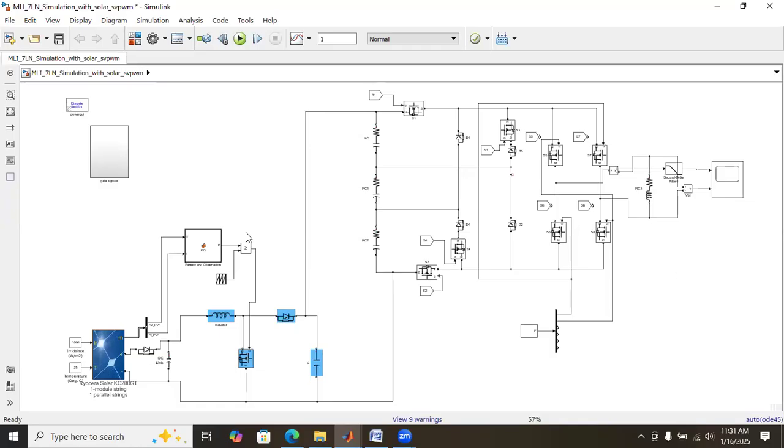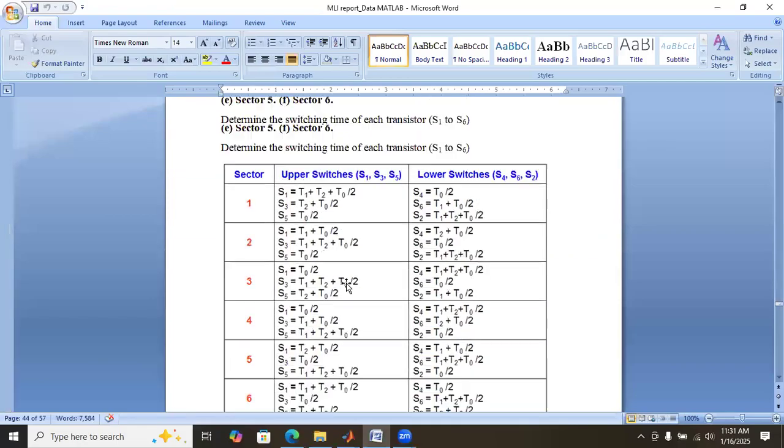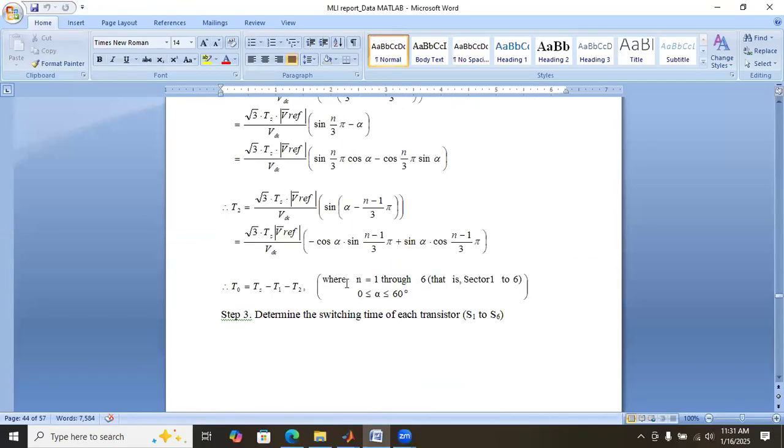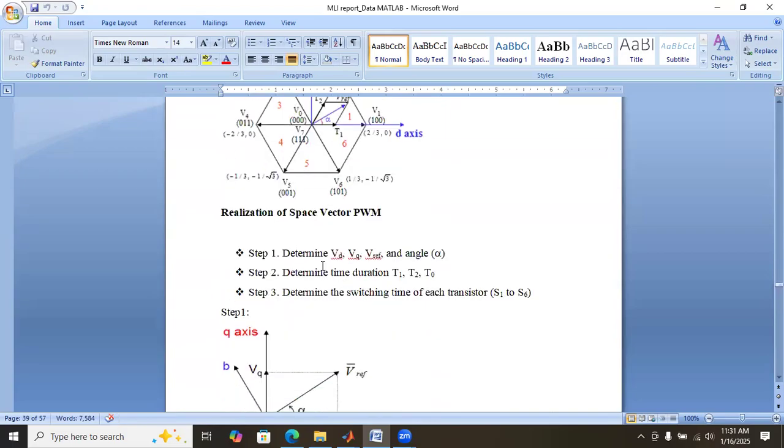Okay, and then THD we have to measure. Before that, we will see about SPPWM operation. There are 3 steps for SPPWM. One is to find the direct axis, quadrature axis voltages, V reference and angle alpha from the input 3-phase voltage.